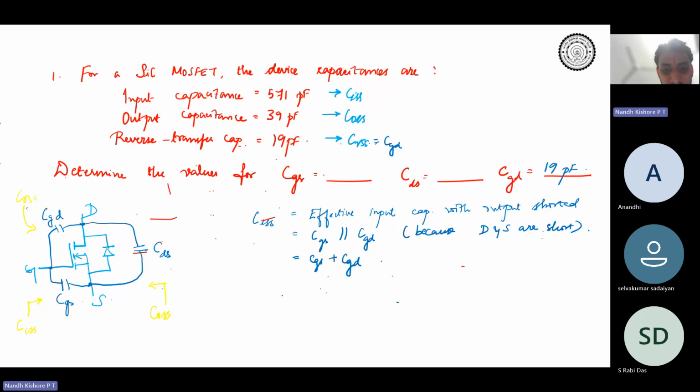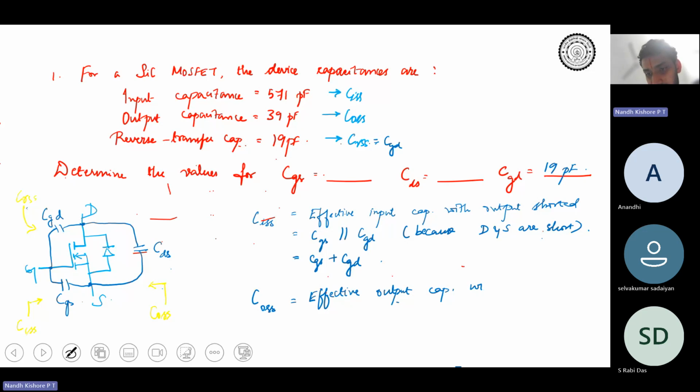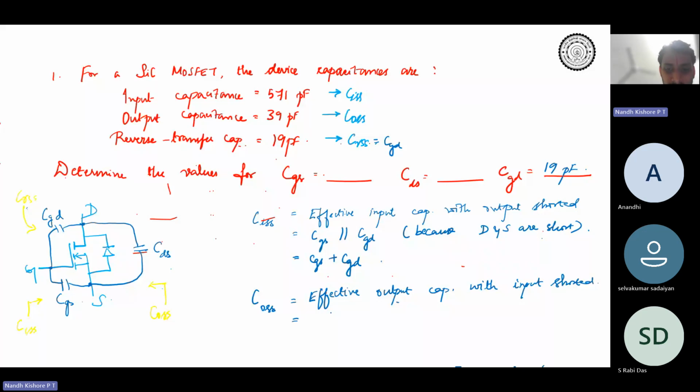Similarly, COSS is the effective output capacitance with input shorted, so COSS is CDS in parallel with CGD.